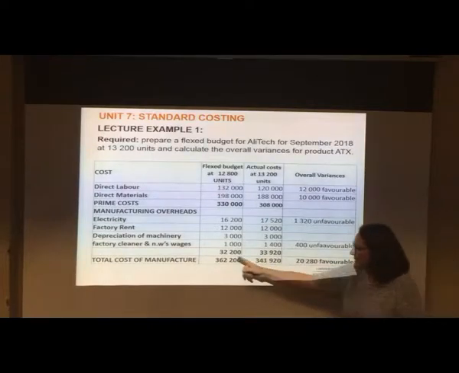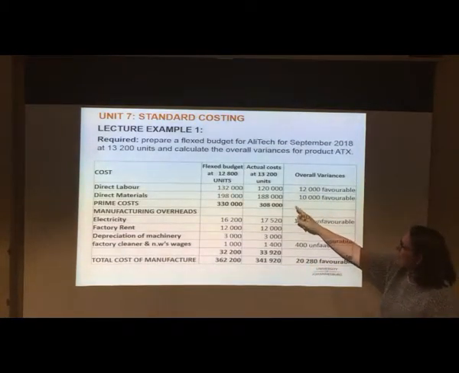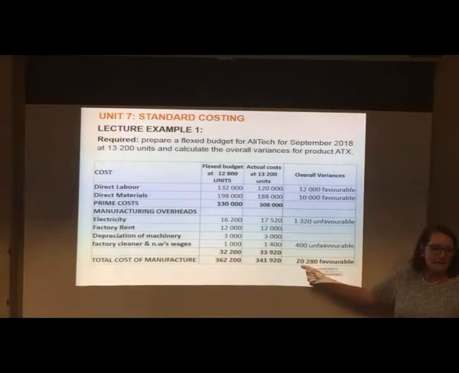And if we take that minus that, we see we get an overall favorable variance of 20,280. Now, if we do the individual variances and add them up, we should get to 20,280. And if you do that, then you know that you're on the right track.